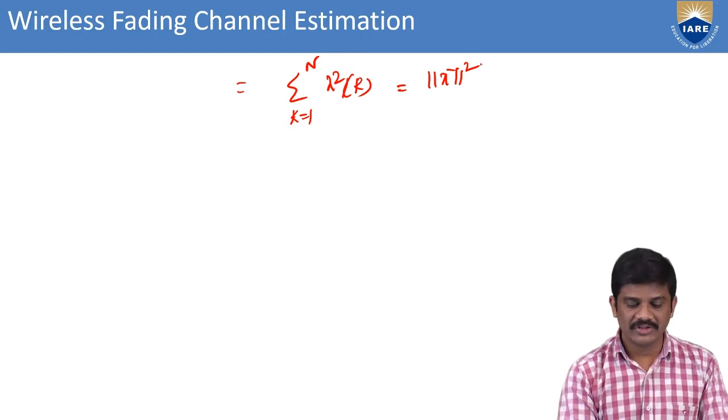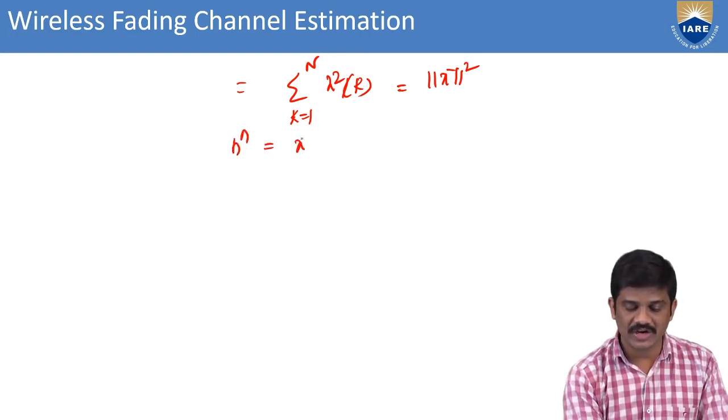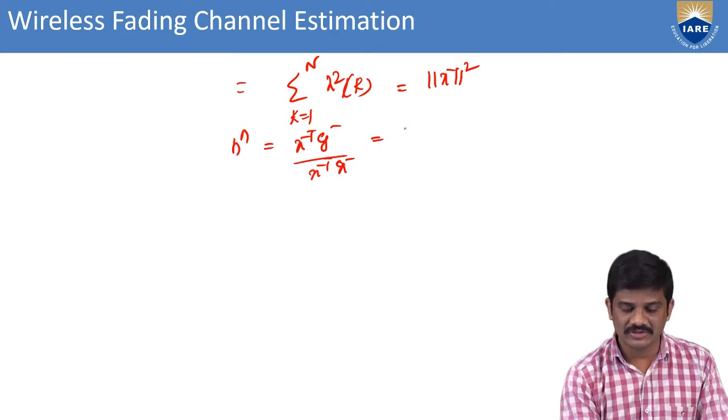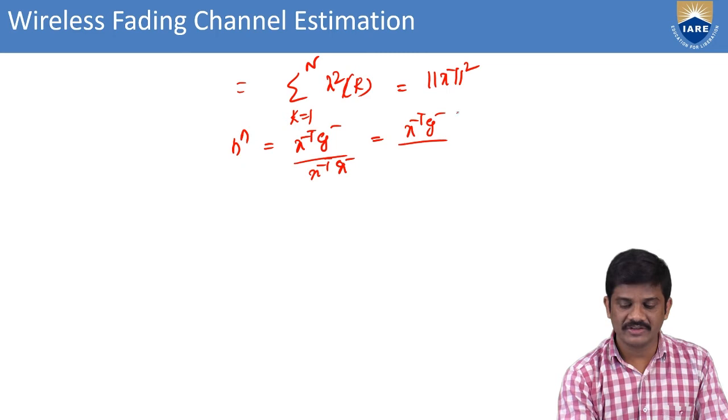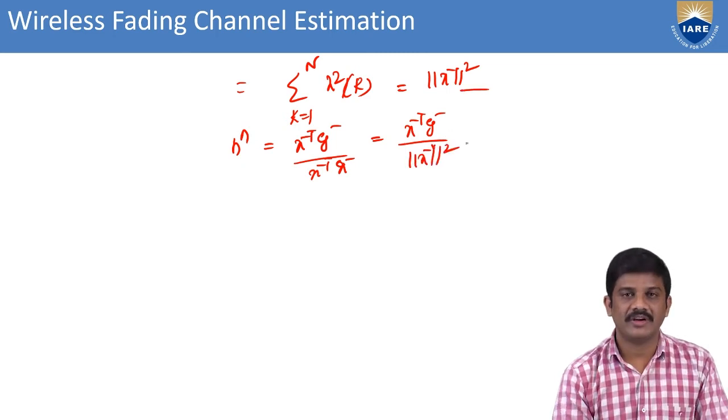Then we can write the estimation h hat equal to x transpose y bar by x transpose x bar, which is x transpose y bar over x bar whole square.